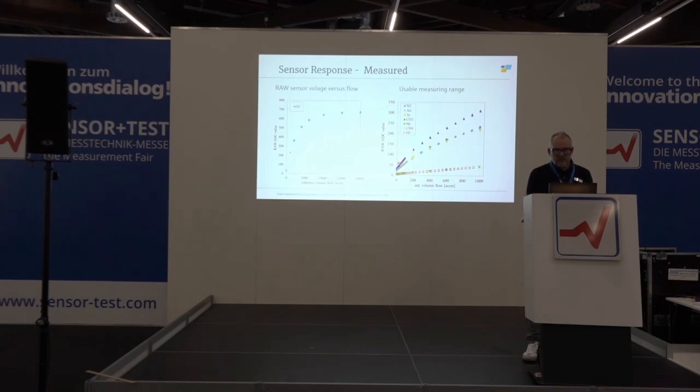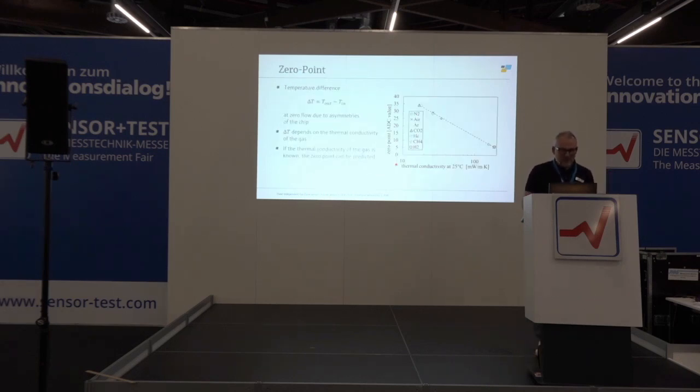What you see in this picture is also at zero flow, you have different levels of the sensor output. This is due to this asymmetric, it's not completely symmetric sensor. So you have a slight temperature difference even at no flow. That's the so-called 0 point. And if you plot this 0 point for different gases against thermal conductivity, you see it's somehow dependent on the thermal conductivity of the gases.